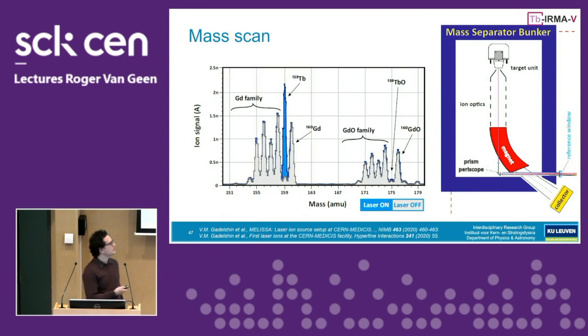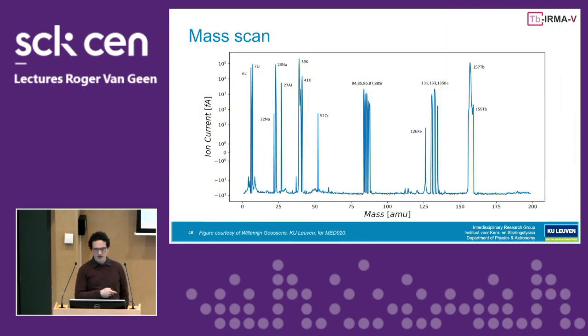So here it's the representation of the Medicis separator bunker, and here you see how laser ionized terbium was separated from natural gadolinium in which it was embedded. And here you have a mass scan that was recently performed from a tantalum target that had been irradiated at Isolde, and you can see the different beams that could be produced from it.